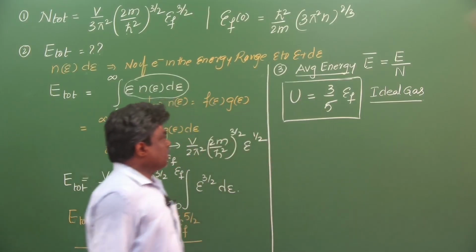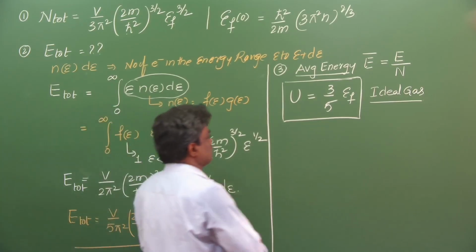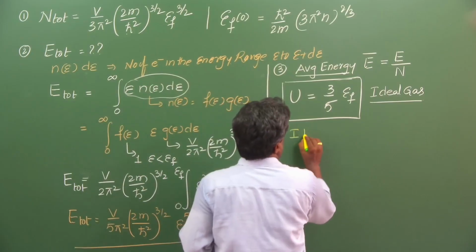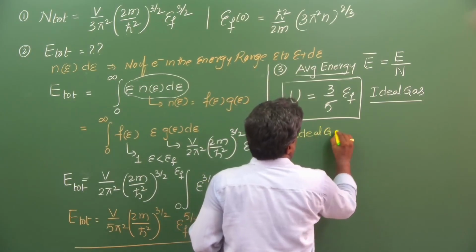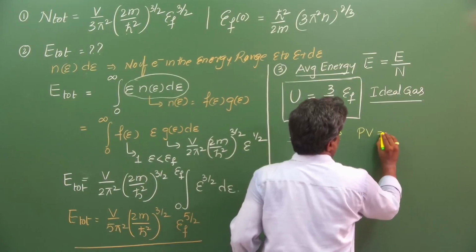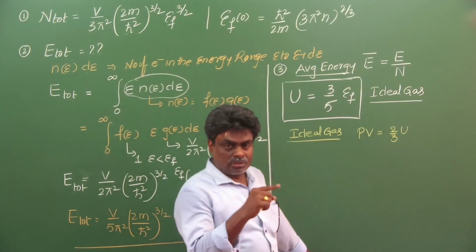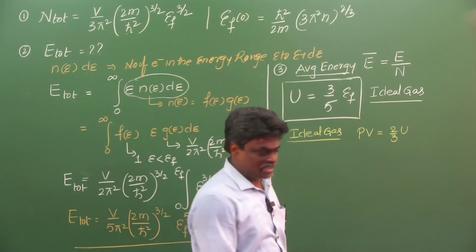So, U equal to 3 by 5 EF. What is the exact equation? Let me check. PV equal to two-third U. Here we have taken ideal gas. One more equation from your intermediate, maybe you forgot, no problem: PV equal to two-third of U, the average energy.